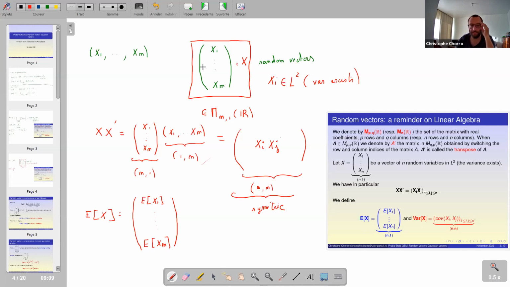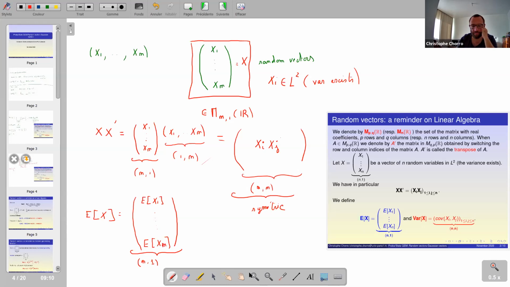So the expectation is a vector of size n by 1, the vector of expectations. Of course, when n is equal to 1, I obtain a matrix of size 1 by 1, which is just a number.